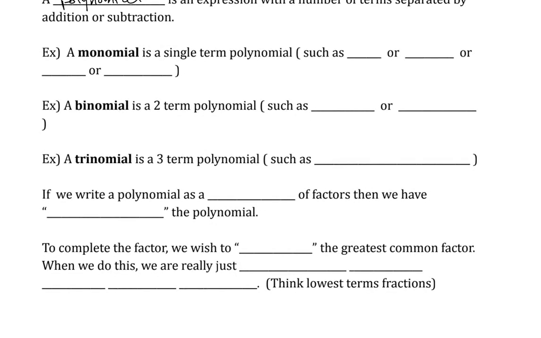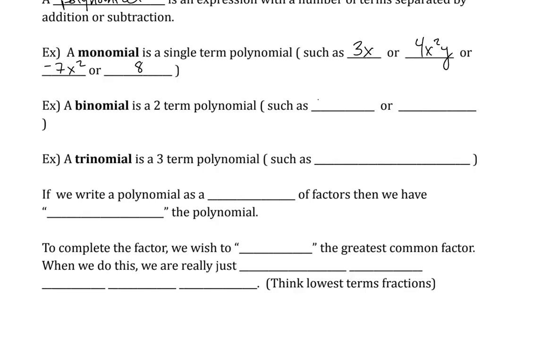So a monomial is a single term polynomial such as 3x or something like 4x squared y or negative 7x squared, or simply just the number 8. That's also a monomial. A binomial is a two-term polynomial.